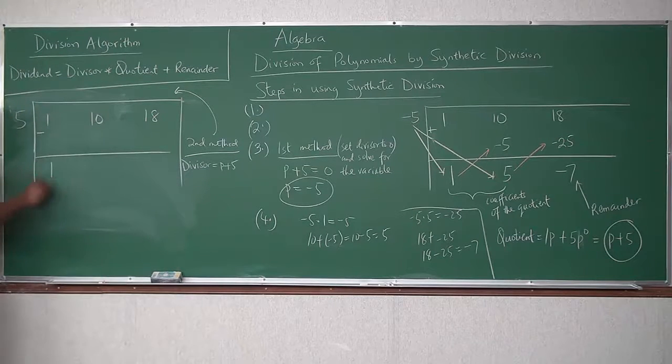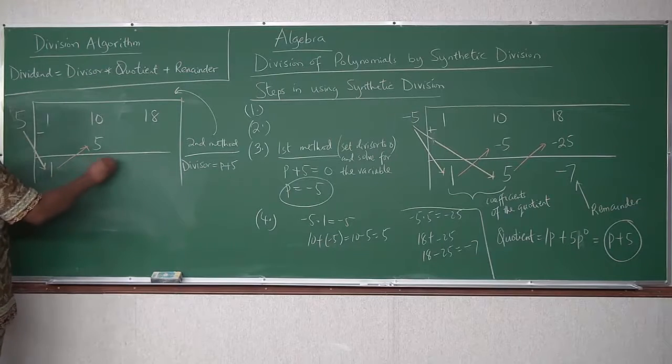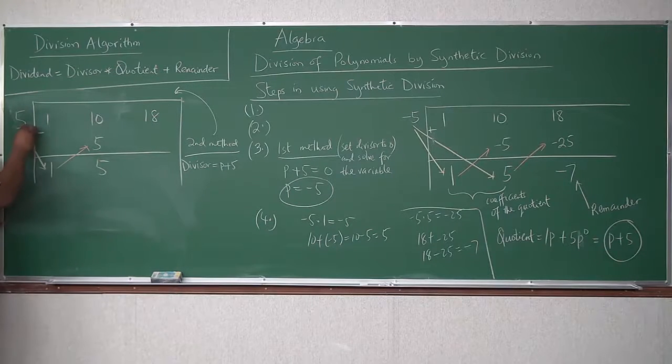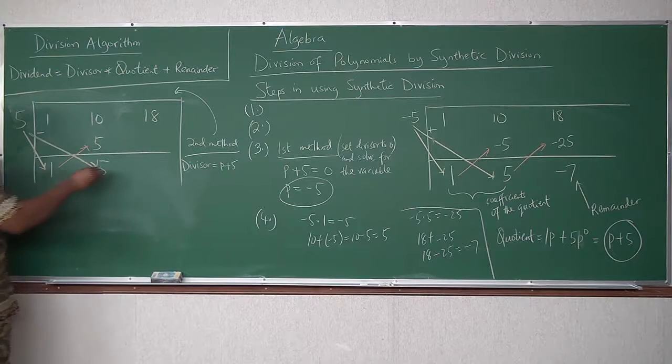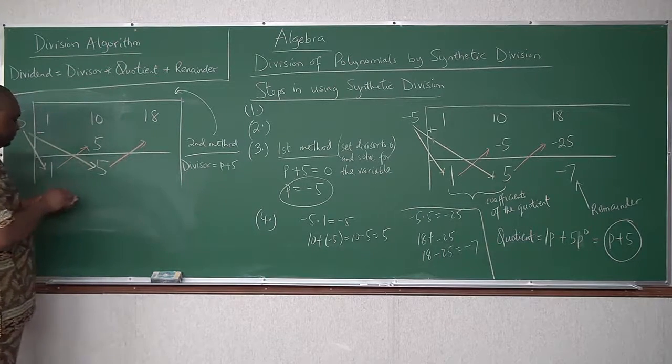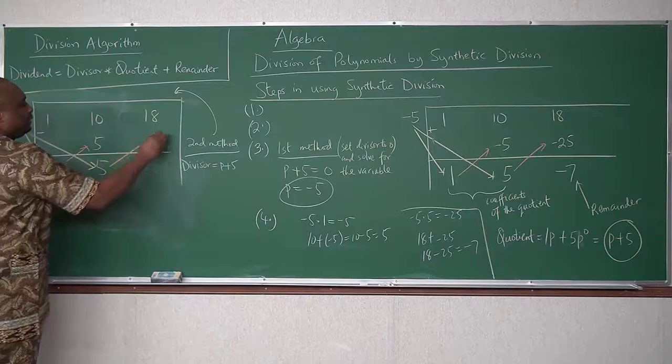So we bring down 1. 5 times 1 is 5. Then 10 minus 5 is 5. Then 5 times 5 will give us 25.